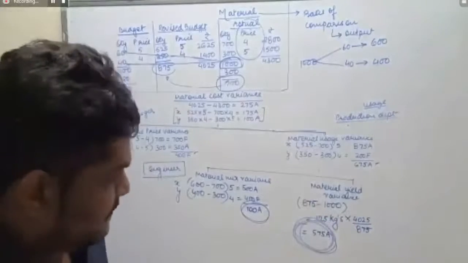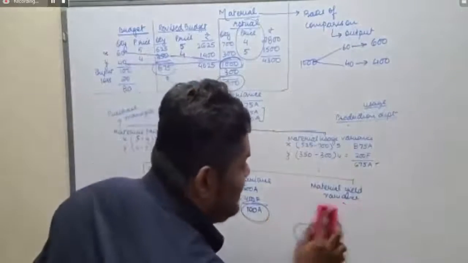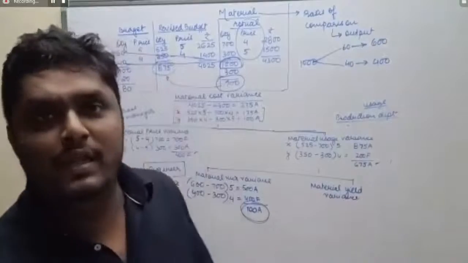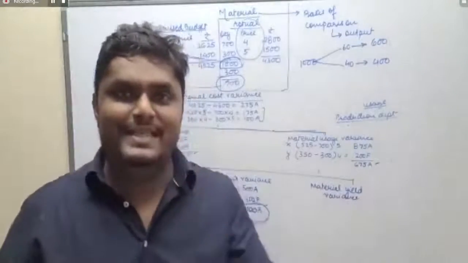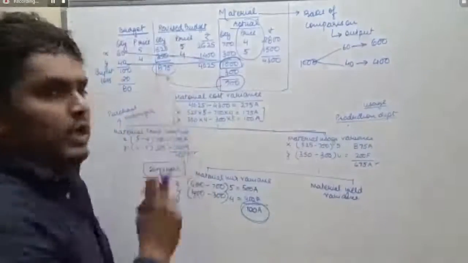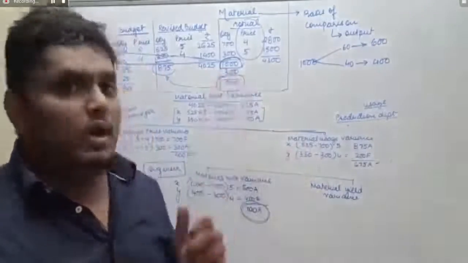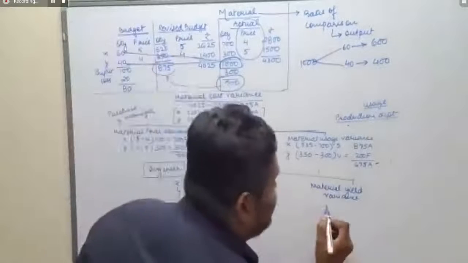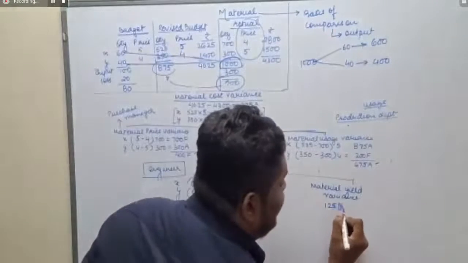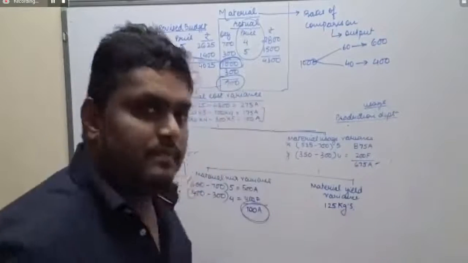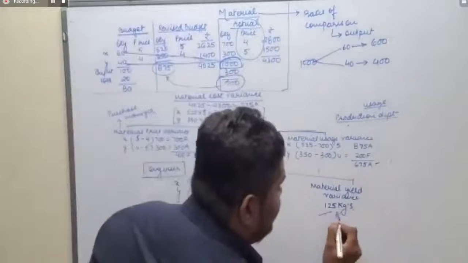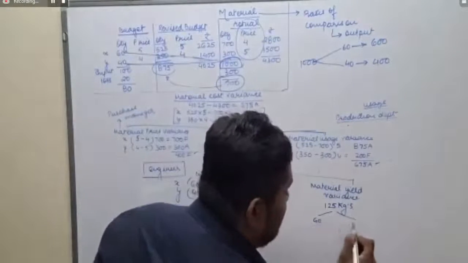Now, guys, if you have queries, sir, can we calculate the material yield variance separately? See, the overall usage should be 875 kgs and we made an overall usage of 1000 kgs. So how many kgs extra? 125 kgs extra. It should be in the ratio of 60:40.